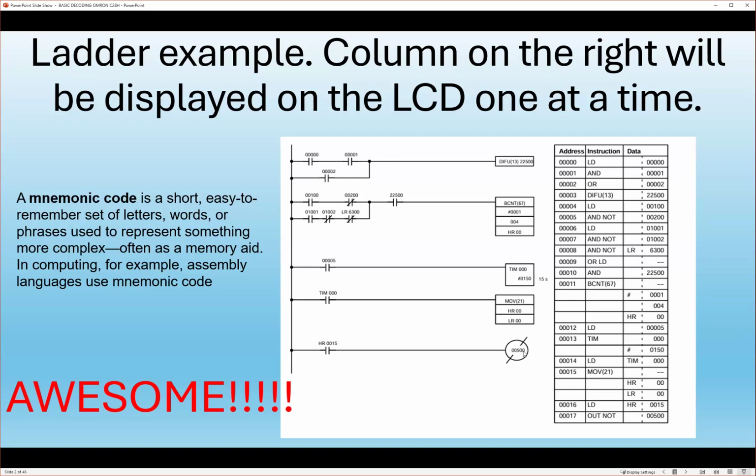That's an internal register that we are able to use. And OUT NOT means it's going to be on all the time until this becomes true. But this is something internal that we would use. So if we need to use this status of HR15 somewhere else in the program, this coil will be used internally within that program, right?